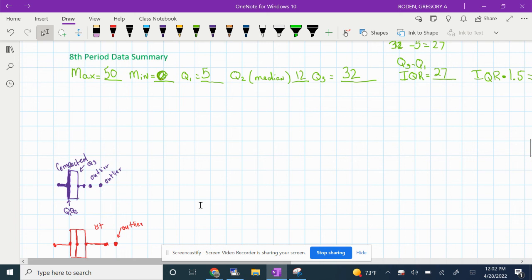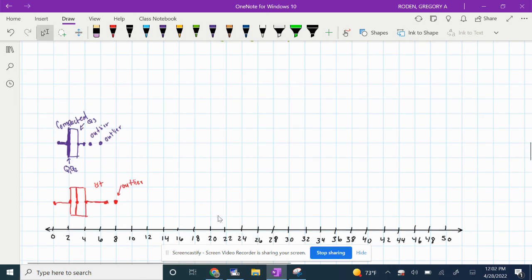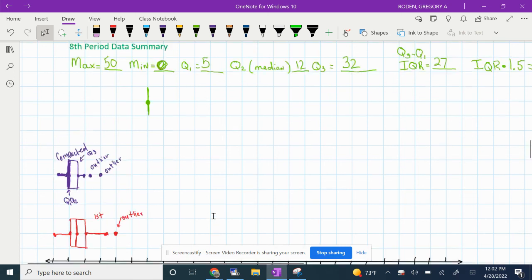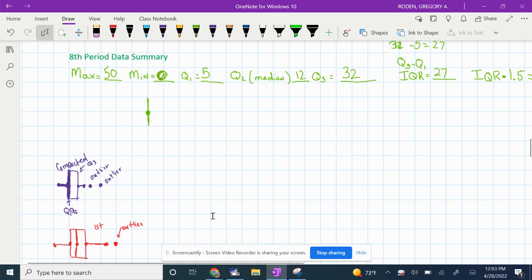All right. So the first thing we want to graph is Q2 first. Well, Q2 is a median of 12. So Q2 is right here, is my 12 right here. Okay, so this is Q2. My next one I want to graph is my Q1. Well, my Q1 is 5.